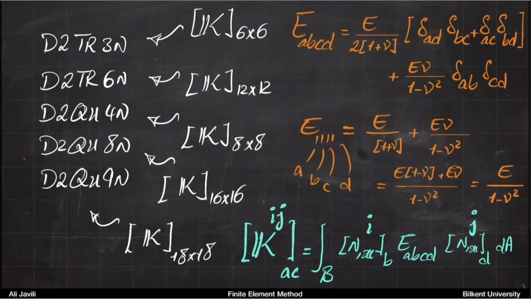Now, the important thing here is that we are talking about a particular version of a 2-dimensional problem. So remember we said 2-dimensional problems could be plane strain and plane stress. What I have written here is the plane strain version. Okay, what does that mean? Basically, that means for you that the Poisson ratio in this relation can go maximum to 1.